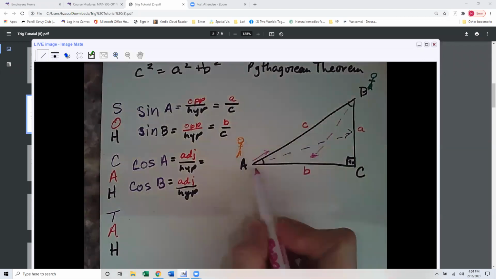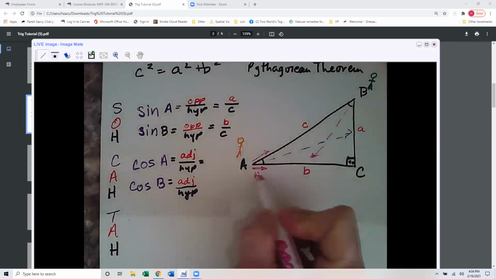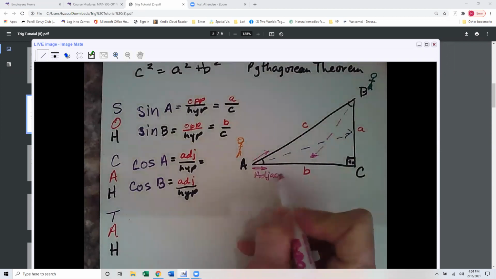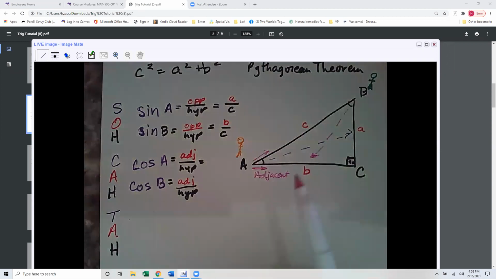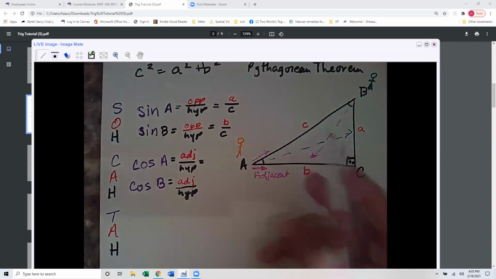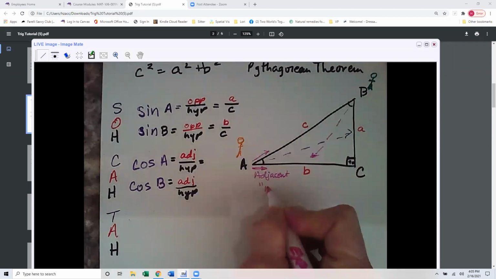This one down here, which is not the hypotenuse, is what we would call the adjacent side to angle A. So little b, from the perspective of A, where my orange stick figure is, is adjacent, or another way to say this is next to A.